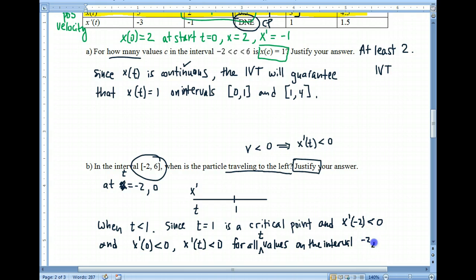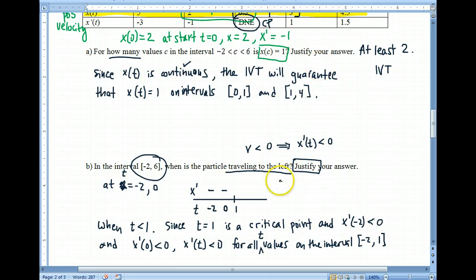Well, it is negative 2, but it doesn't go all the way up to, well, up to 0 will be correct, but it goes all the way up to 1 because that's the critical value. Because what we had done is we checked it at 0 and we checked it at negative 2. X prime was negative here, x prime was negative here.